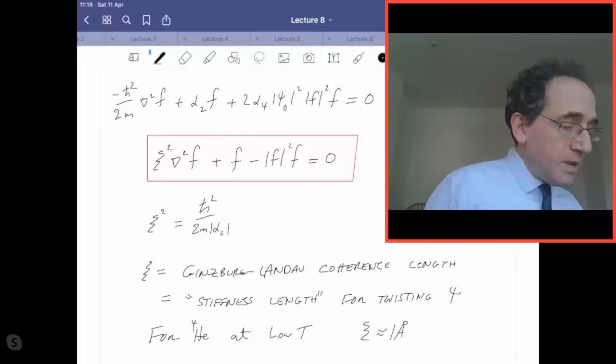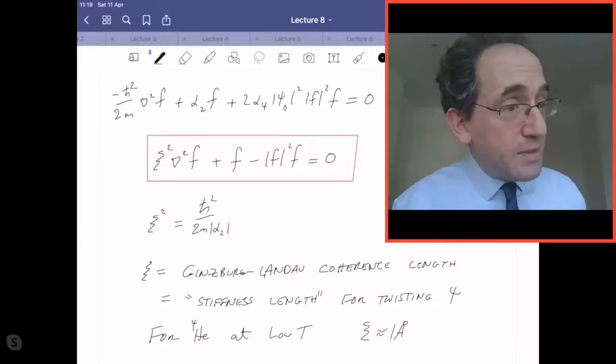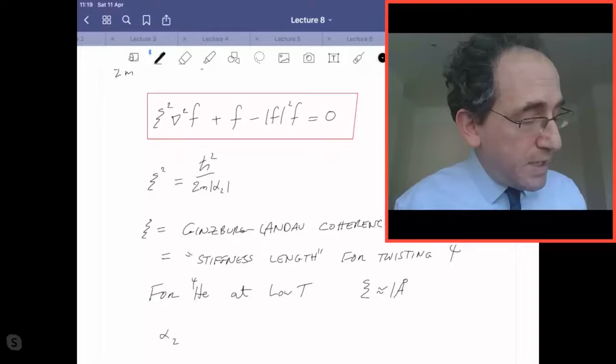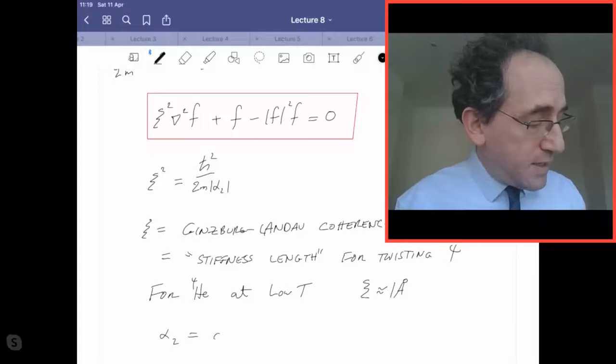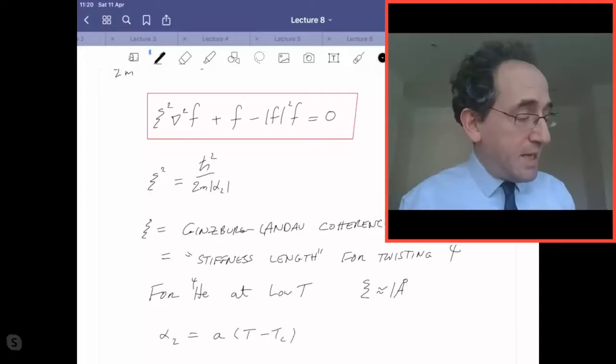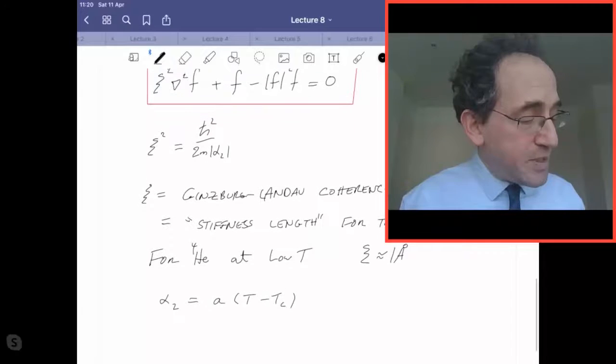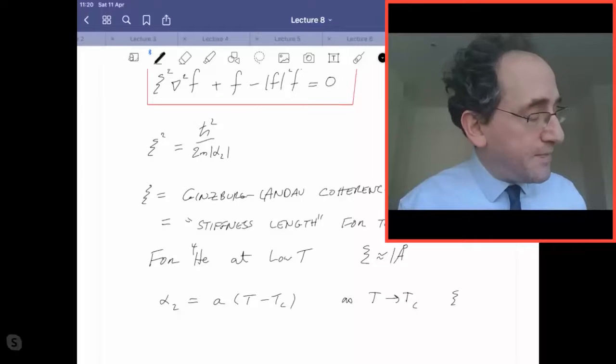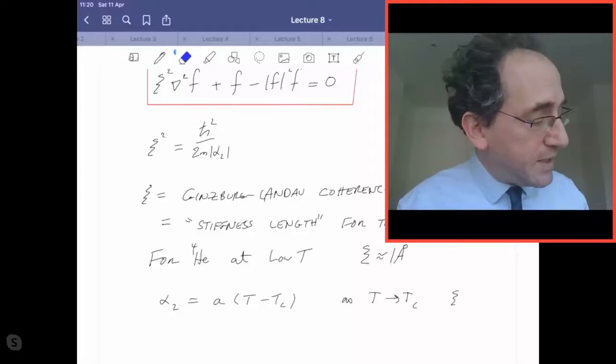Now, but note here that alpha 2 goes to 0 at the critical temperature. And that means as you get close to the critical temperature, as T goes to Tc, psi diverges. Well, let's write it out explicitly.